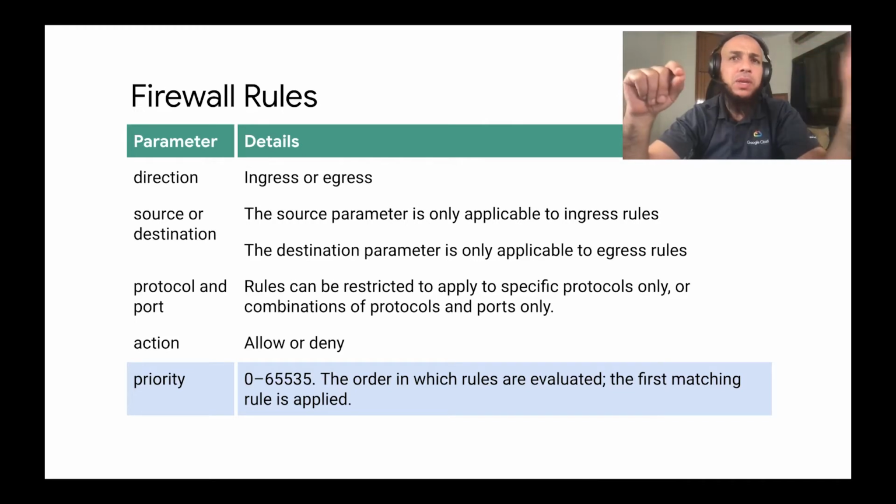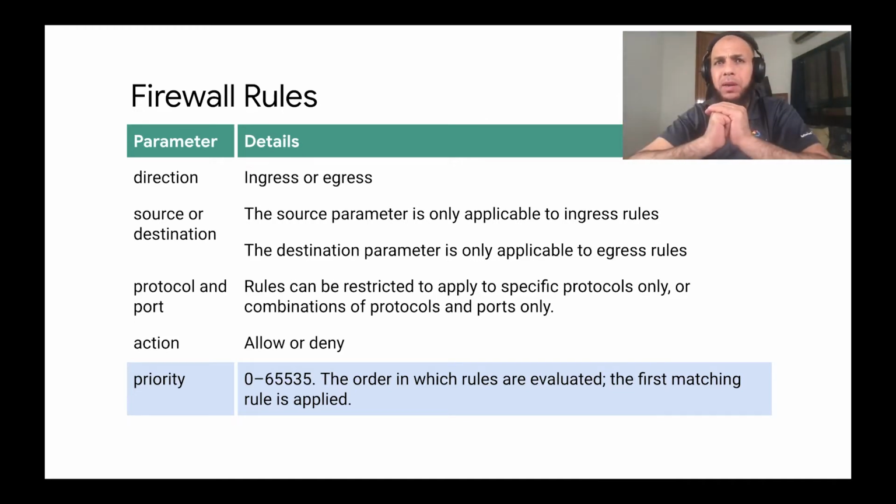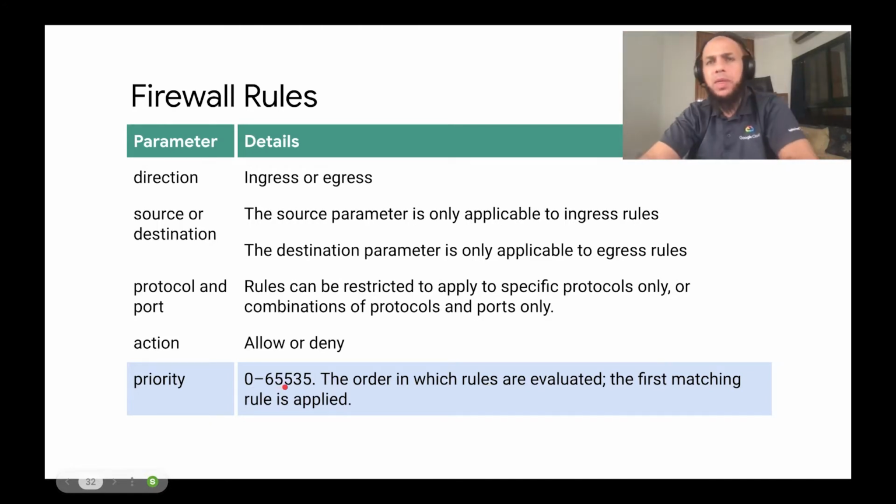This is where we have to look at the priority. The lower the priority number, the more powerful the firewall rule. So the one with the lowest number has the highest priority, and that will override the one with the higher number.